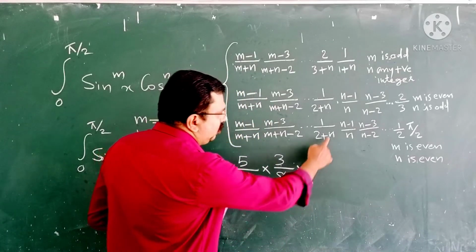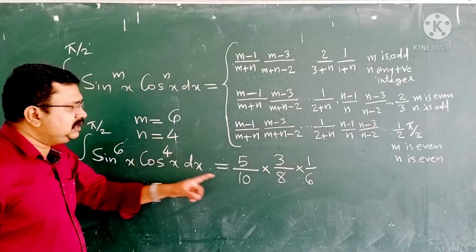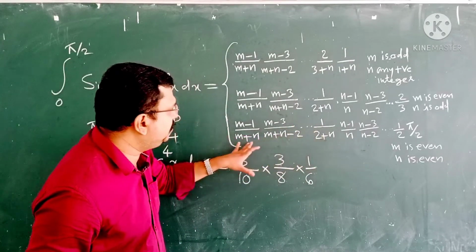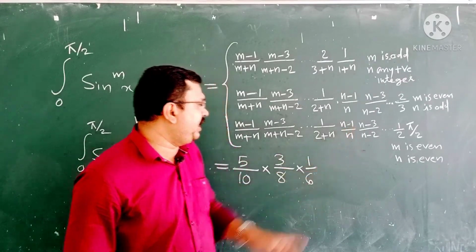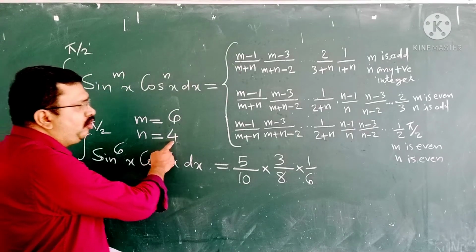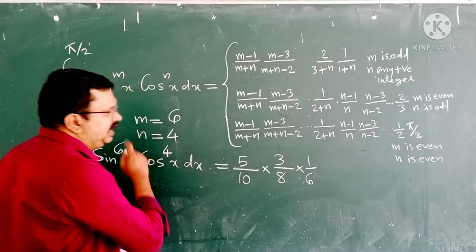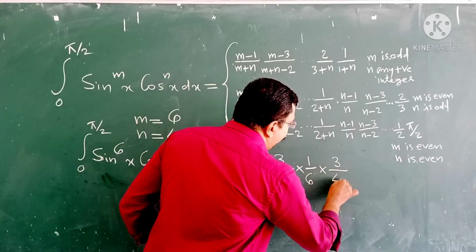The first section is over. Here 1 by 2 plus n, 2 plus n is 6. The second one is n minus 1 by n. What is our n? n is 4. Therefore 4 minus 1 by 4, that is 3 by 4.